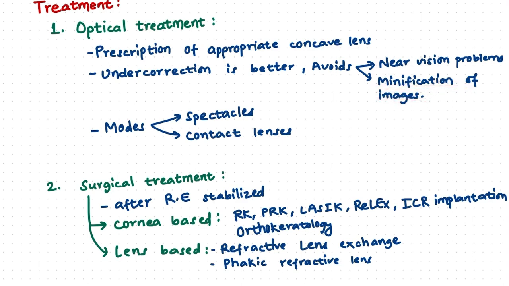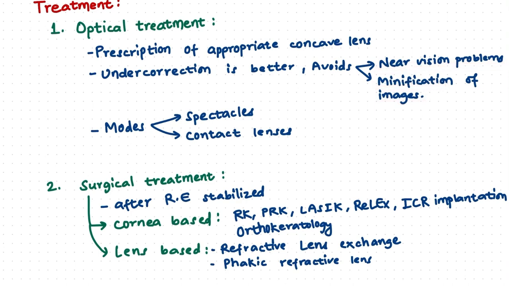That means if it is over corrected, then since the concave lenses that we use in myopic condition are to improve the distance vision, right? So in doing so there can be some compromise in the near vision as well and minification of image. So usually under correction is recommended.